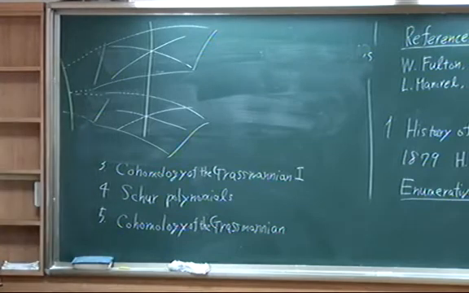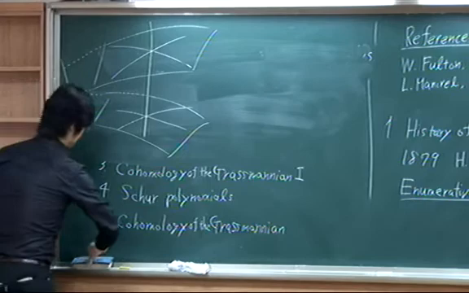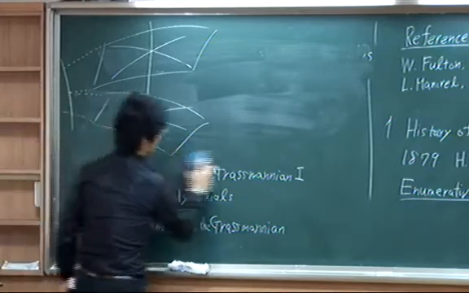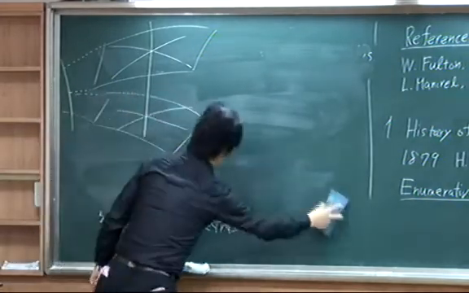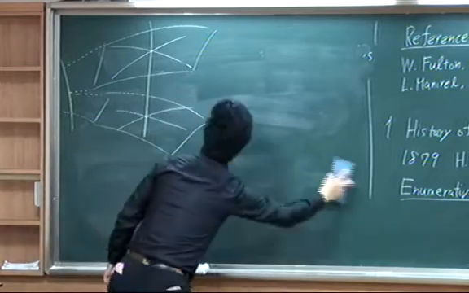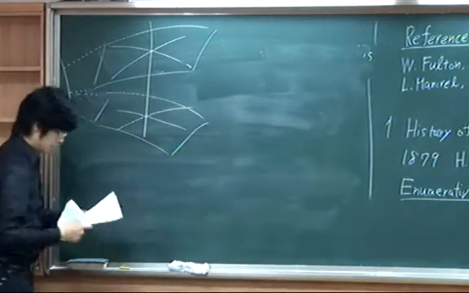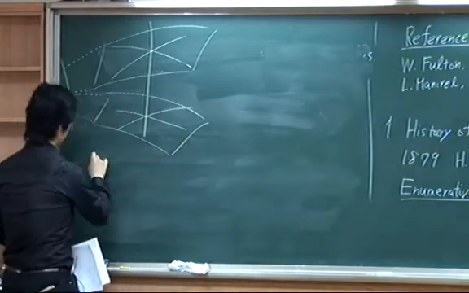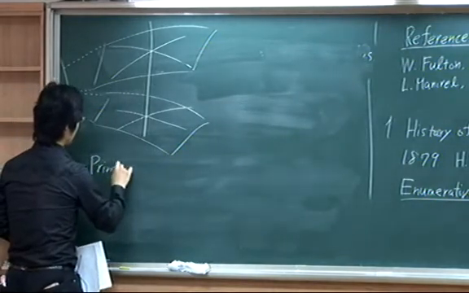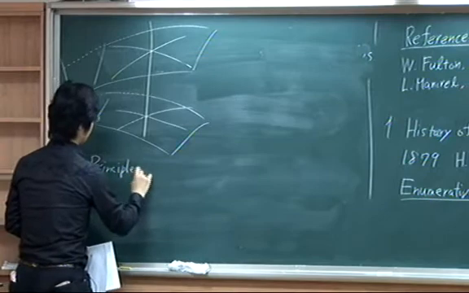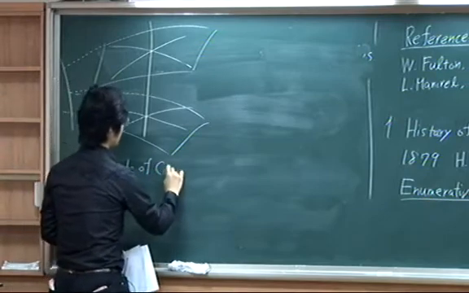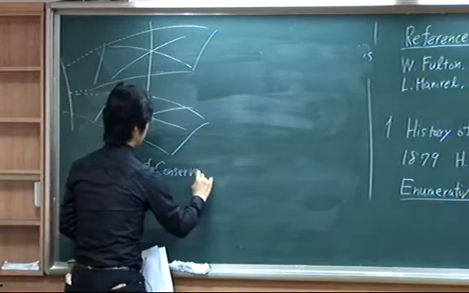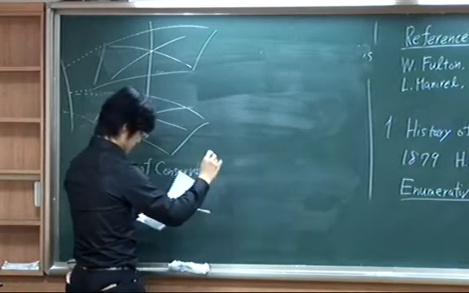So in this case, the answer is 2. And then Schubert relied on his principle of conservation of number.